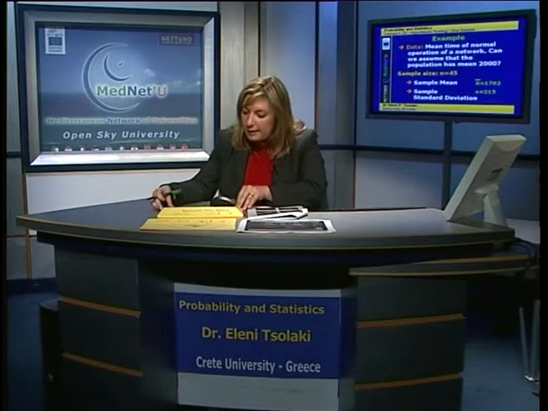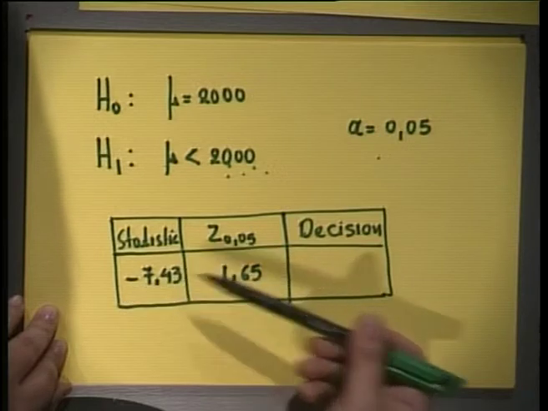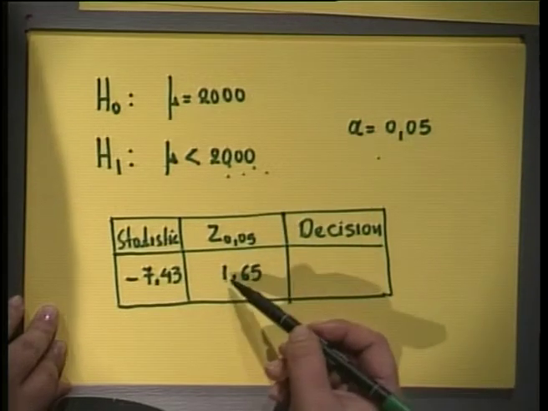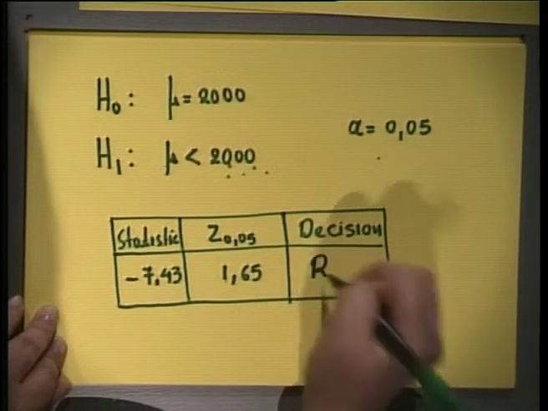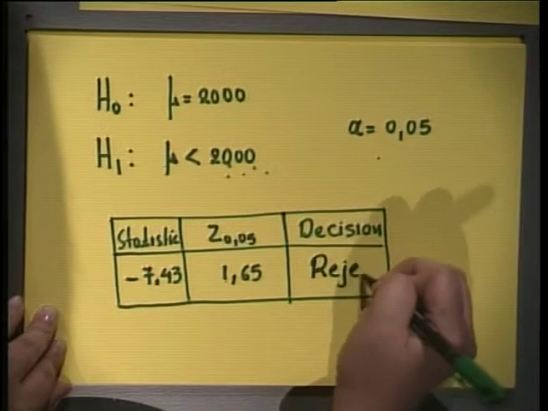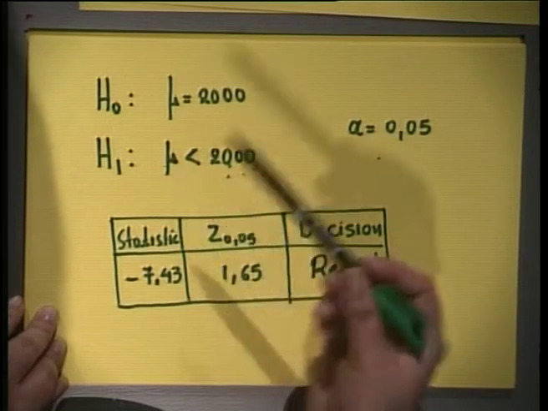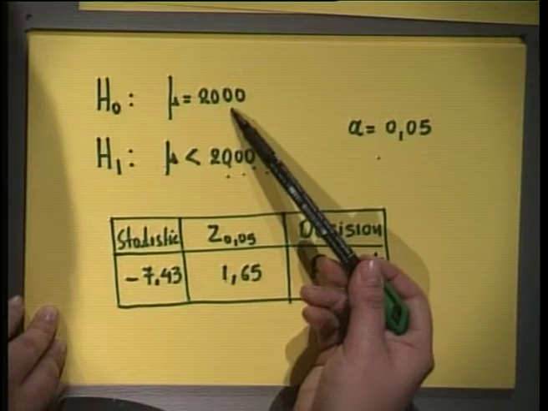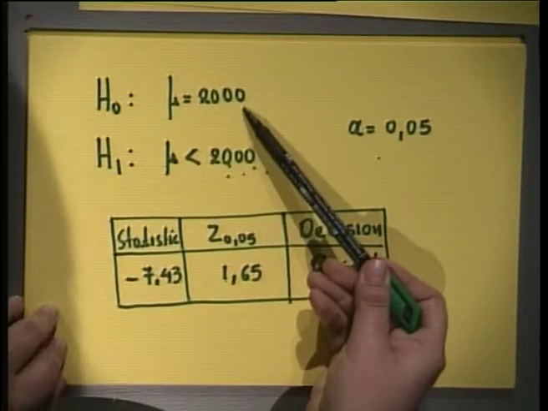As we have seen, this is less than the negative number, minus 1.65, and so we reject our null hypothesis. And so we can say that the population, based on the data, does not have mean equal to 1,000.